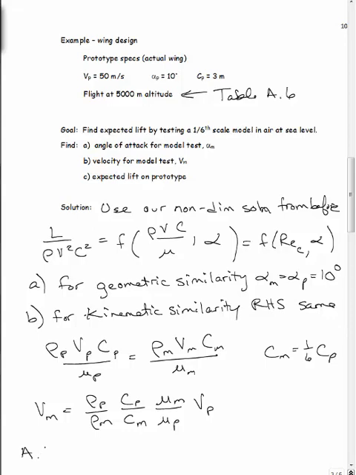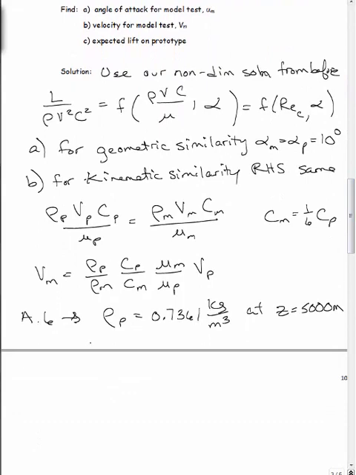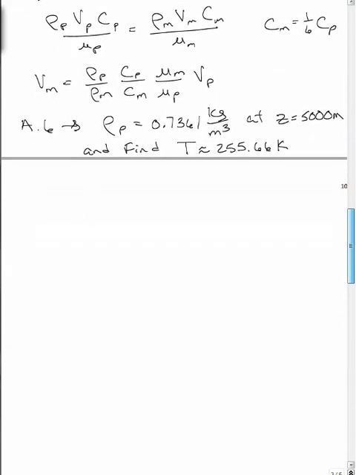From table A6, we find rho for our prototype at 5,000 meters is 0.7361 kilograms per meter cubed. We also find our temperature at 5,000 meters is about 255.66 K. I don't know why they give us 0.66, but all right.